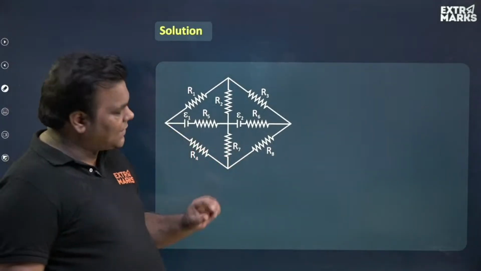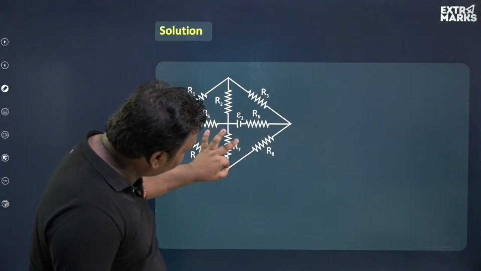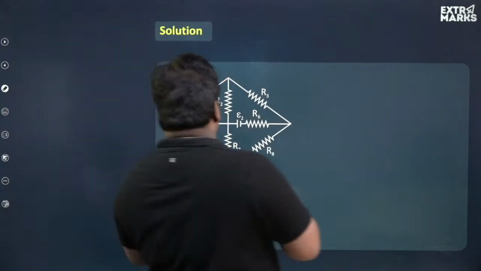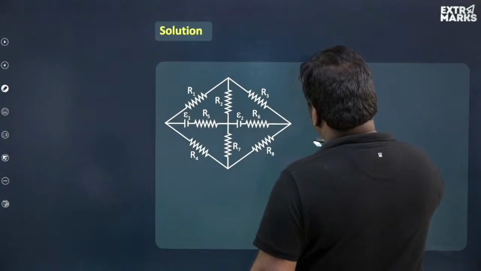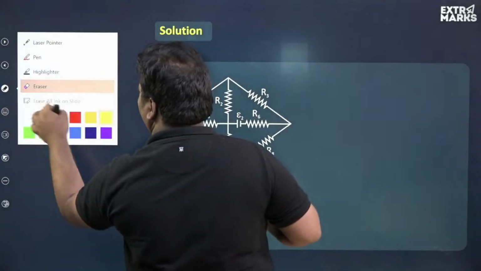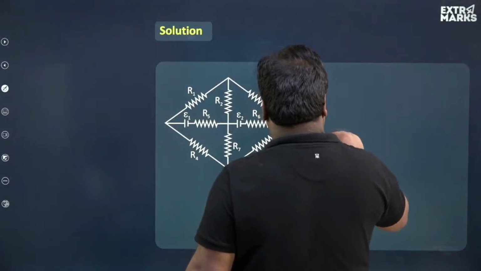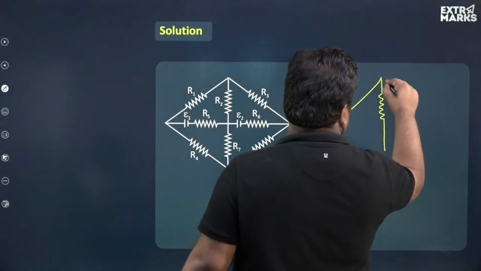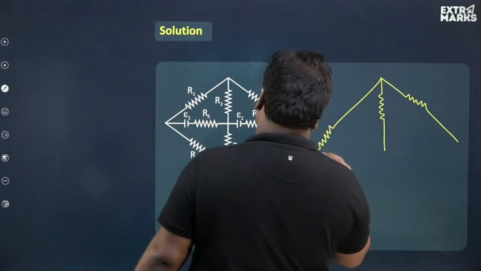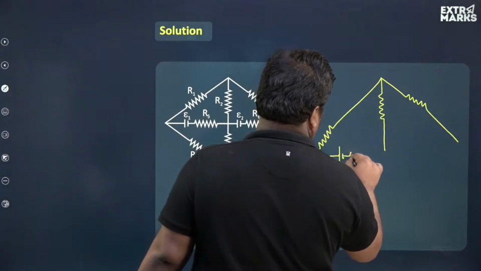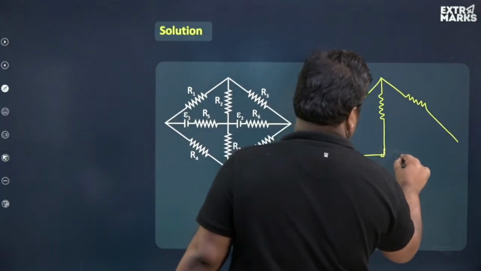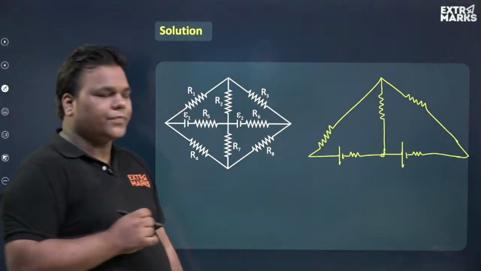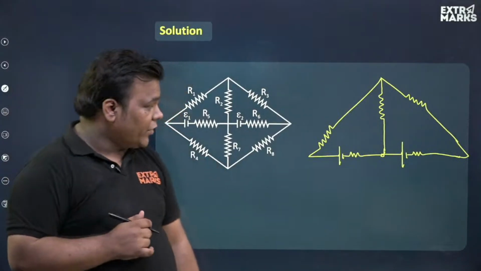My first point is the folding technique. I just pick up the circuit from this point and paste it at this point. Then this circuit will look like that. Very good.